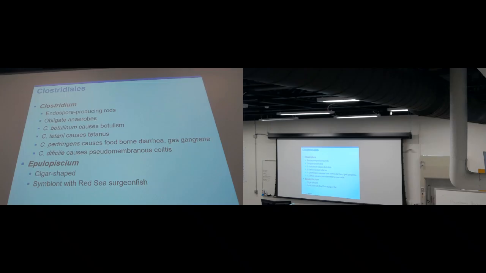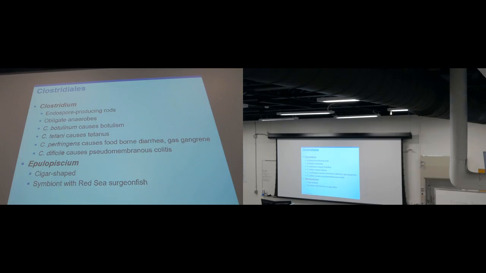So where you expect them to thrive will be in areas where you have low contents of oxygen. And then Clostridium perfringens, besides producing gas gangrene, produces foodborne diarrhea. And again, they are gram-positive rods.